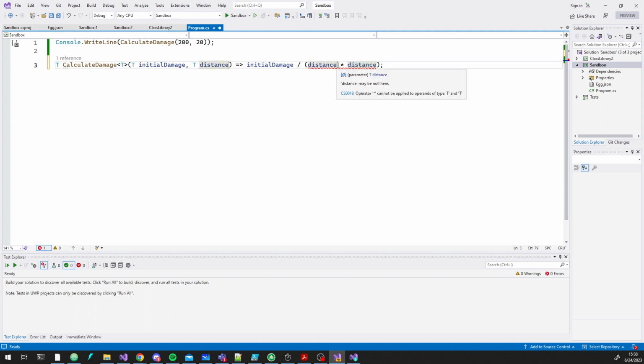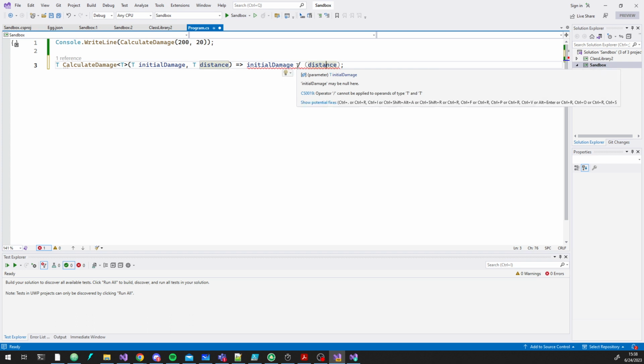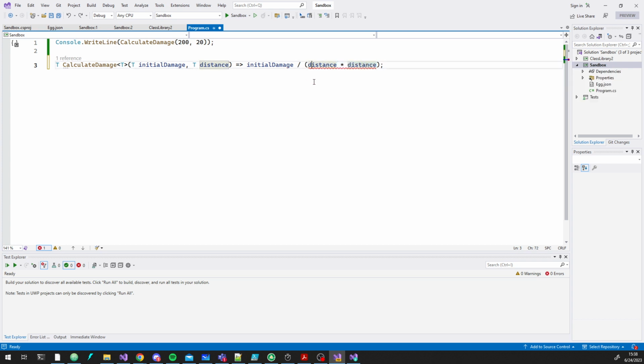It's just that this is the first place that we run into it. So if I remove that, yeah: operator divide cannot be applied to operands of type T and T. Haha, T and T. Get it? Oh man, that was dumb. So all we need to do is include a constraint that guarantees that T has multiplication and division.